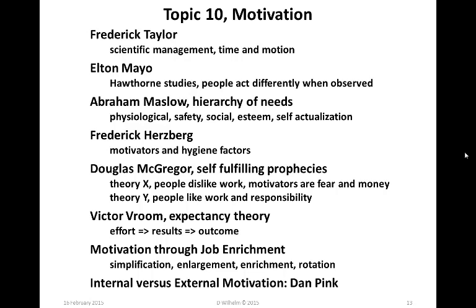Elton Mayo thought he was a scientific management person, but as a result of the Hawthorne studies, he came up with the principle that people act differently when observed, and in particular, if you treat people nicely, they will perform better.